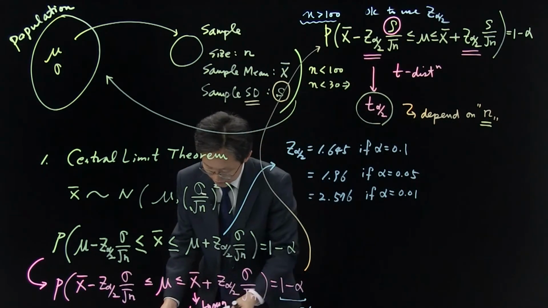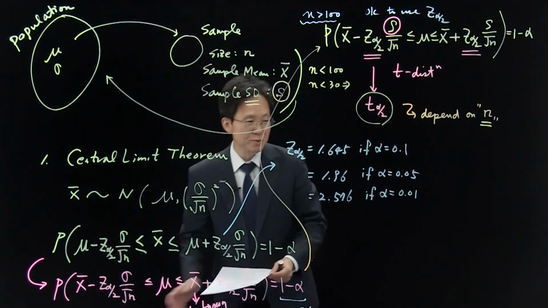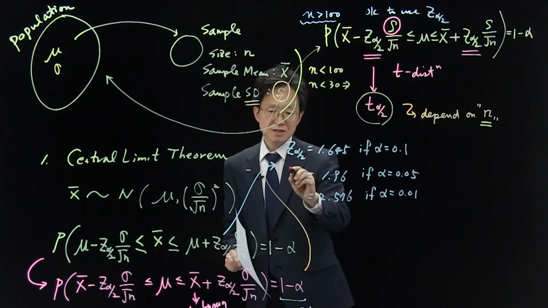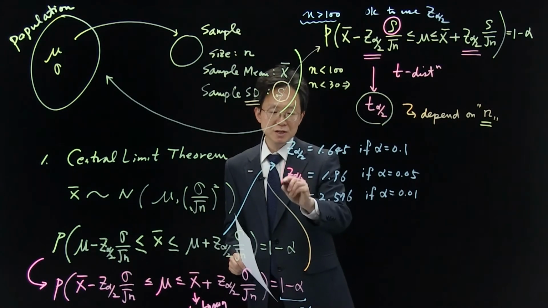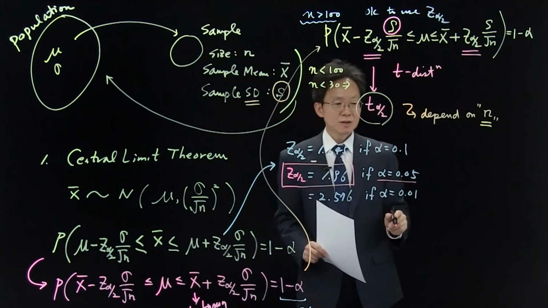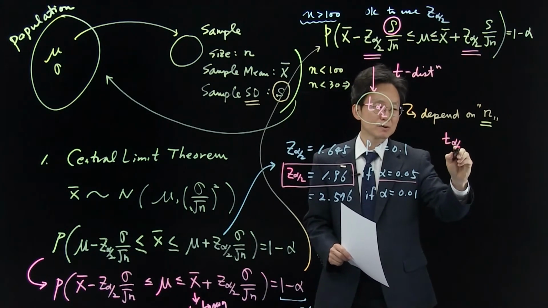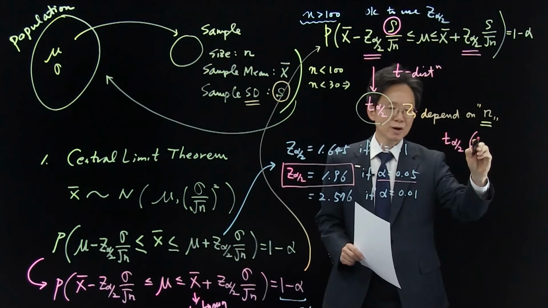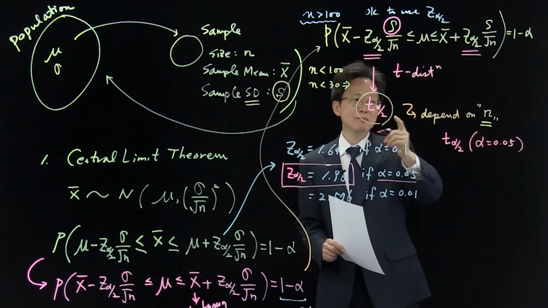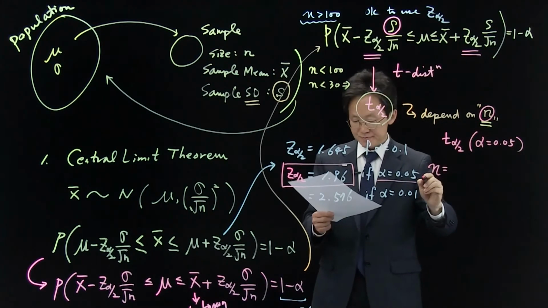Let me give you some idea of how it changes. For example, we already have that z value: z alpha over 2 is going to be 1.96. Then what about t alpha over 2 in the case where alpha is 0.05? Because t alpha over 2 depends on n, we have to have the sample size.